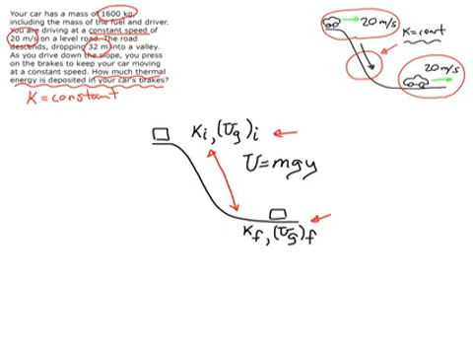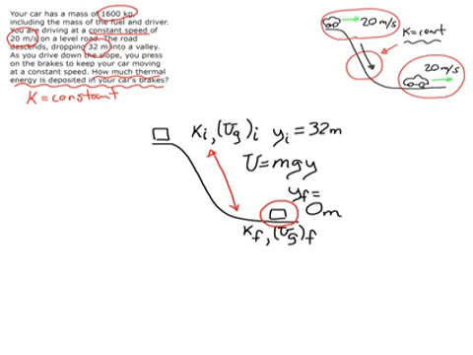And it makes sense to call the final position, where the car ends up, 0 meters. So our yf is just equal to 0 meters. Our initial position is at the top of the hill, and we're told that the car drops 32 meters as it goes into the valley. So our initial height above the valley floor is 32 meters.